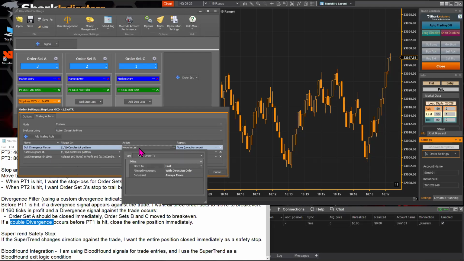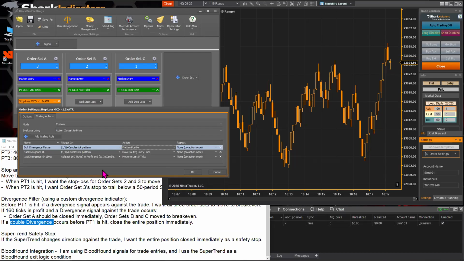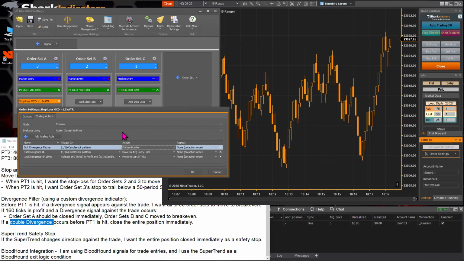The action this time will be to flatten the position. And again, flattening is only a one-time action. So there we go. Now we just need to incorporate all of this into the other stop losses as well.